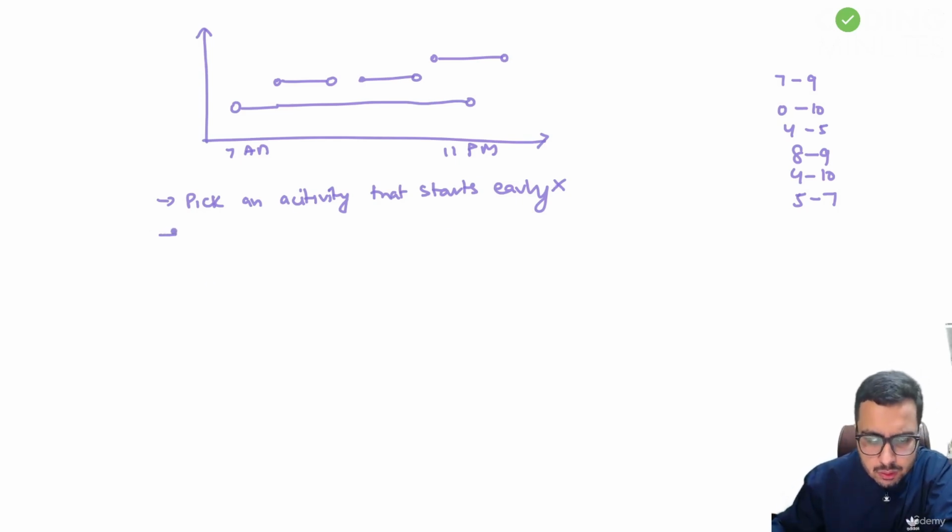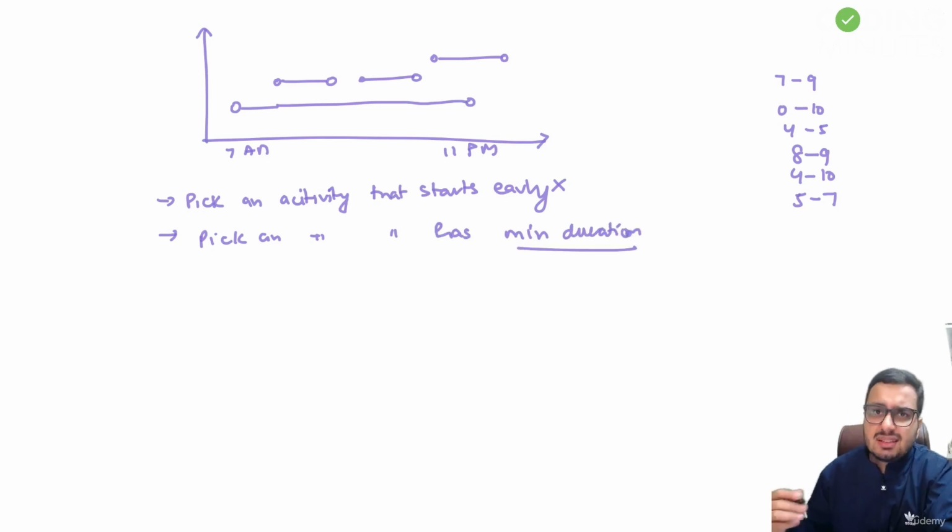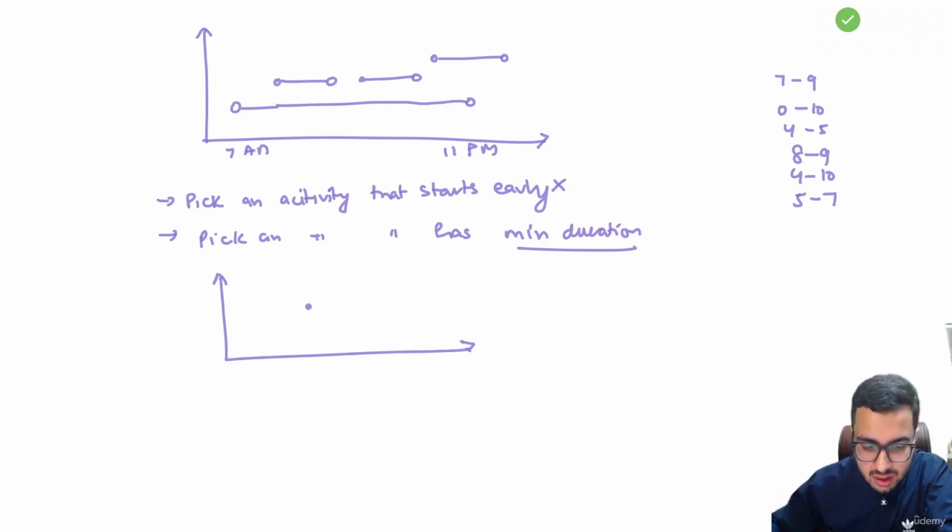Then you might think that, okay, let us pick an activity that has minimum duration. Now this might seem intuitive, but again, as I discussed, if you want to prove that a greedy strategy will work, think of counter cases. Let's say you have an activity from 1 p.m. to 2 p.m. and this activity takes only 1 hour.